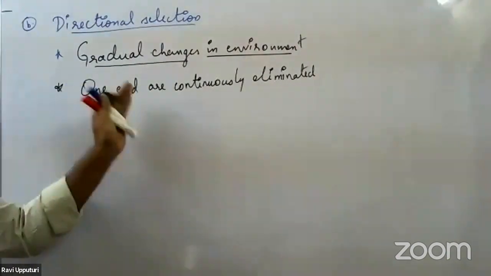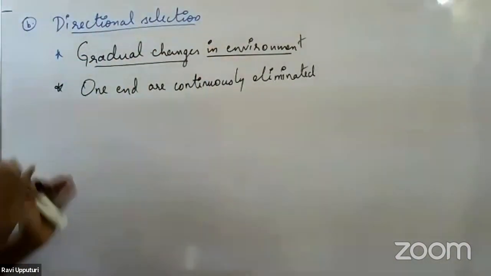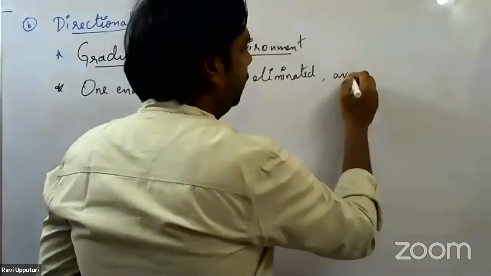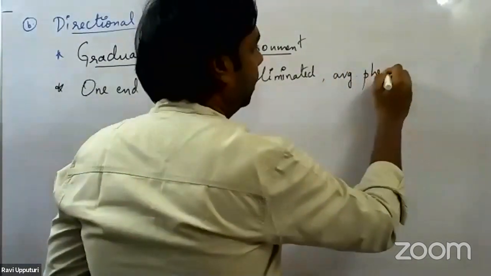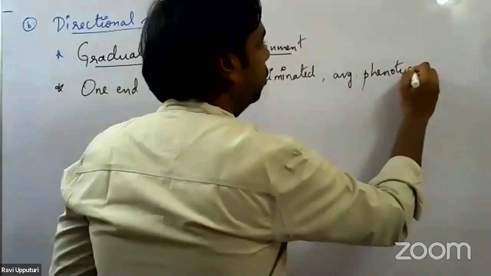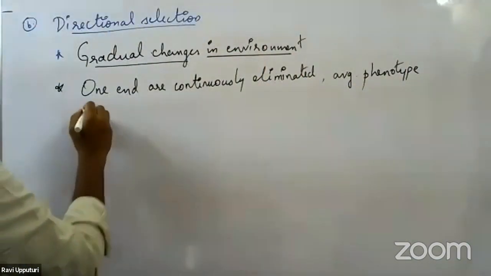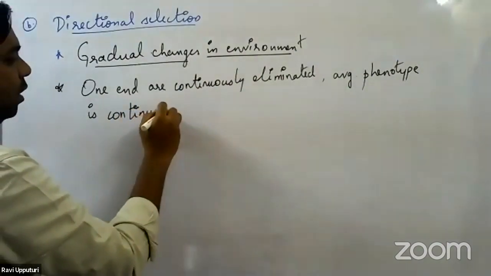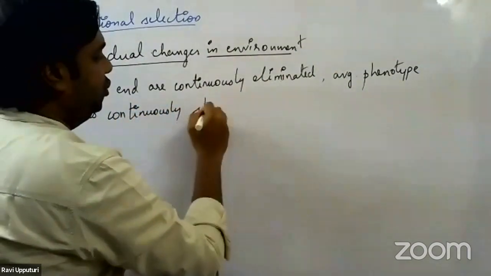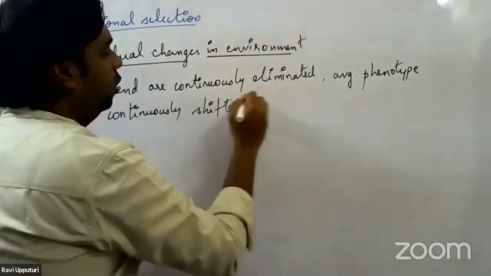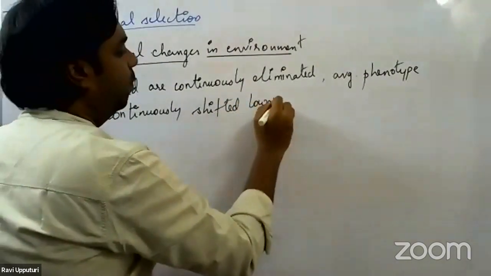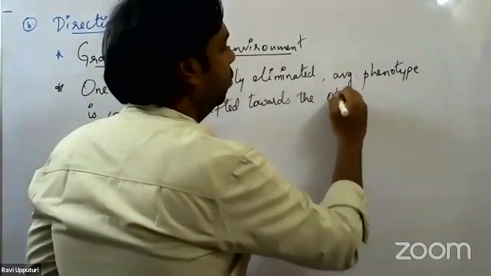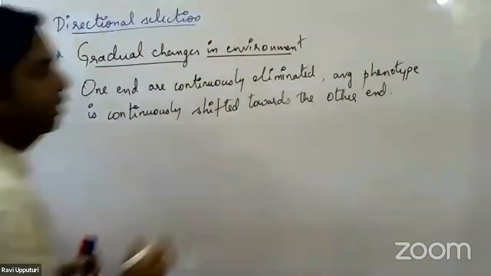Due to this continuous elimination, the average phenotype is continuously shifted towards the other end of the phenotypic distribution curve. This is what is happening.